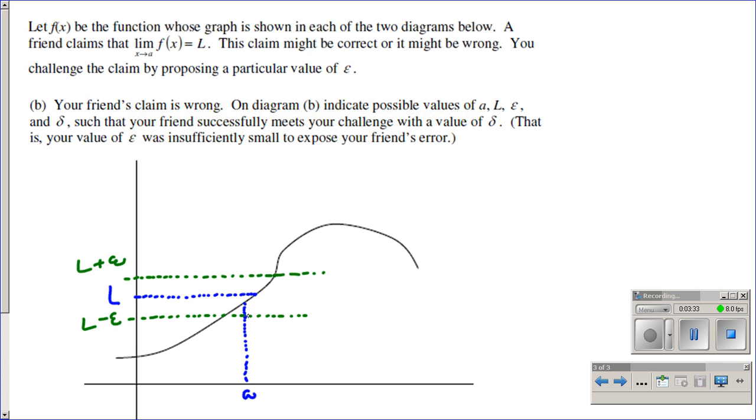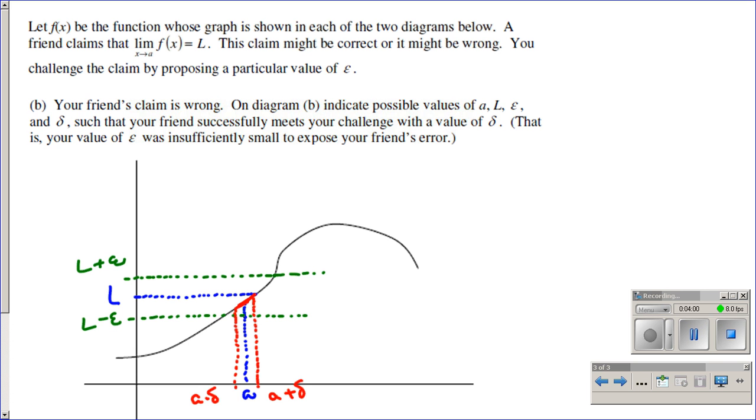Now we have to pick a delta so that our friend's error is not actually obvious. So we want to still be inside this envelope. So we're going to go just a tiny bit to the left and just a tiny bit to the right. So this is going to be A minus delta, and this is going to be A plus delta.